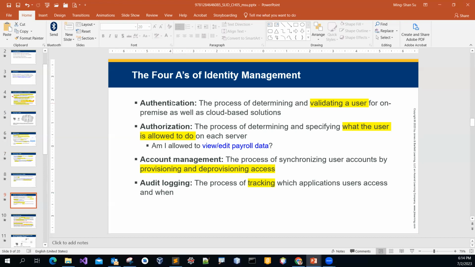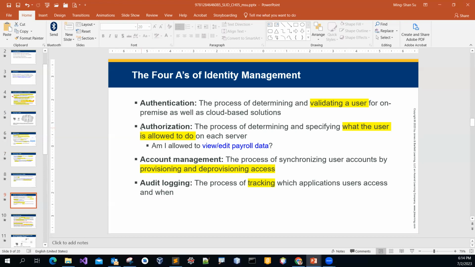Okay. So authentication is the process of determining and validating a user, on-premise as well as cloud-based solutions.